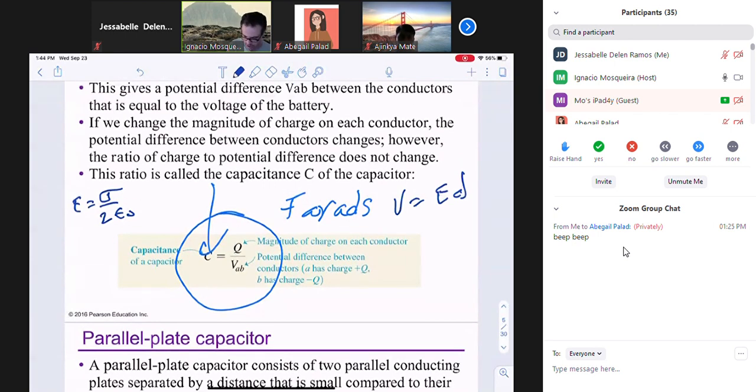But when you have two plates, not one, but two of opposite charge signs, so now you have two plates like this, which is what we're going to be dealing with here. You have a positive, and then you have a negative. That's the situation we're going to encounter most of the time when we're talking about capacitors, or almost always. When you have two plates, in that case, the electric field outside the plates is zero, outside both plates.